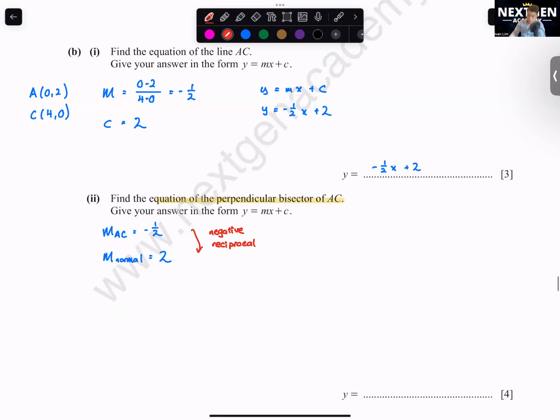Okay, the next thing we need to find, after we have our gradient, you need to find your midpoint.